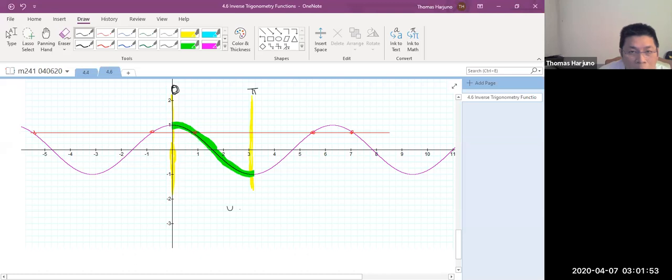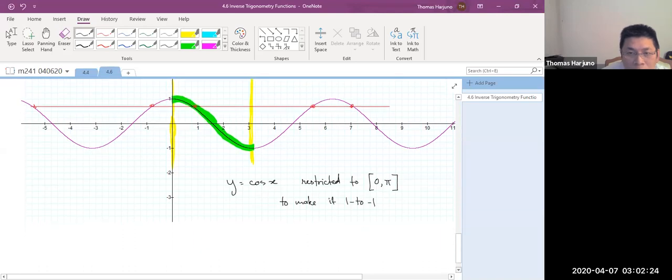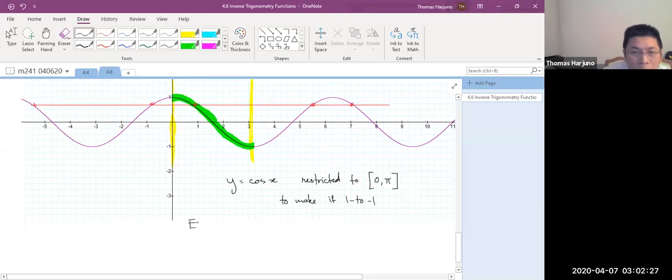So y equals cosine x will be restricted to 0 to pi to make it one-to-one. Therefore, when we do cosine inverse, the answer should be from 0 to pi.